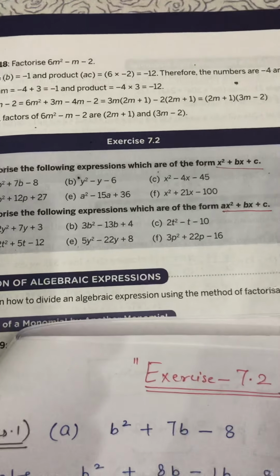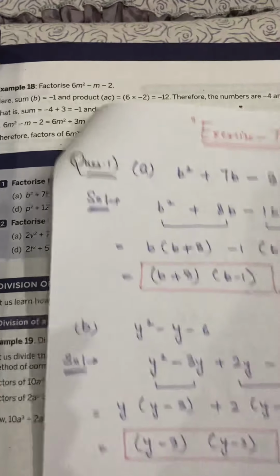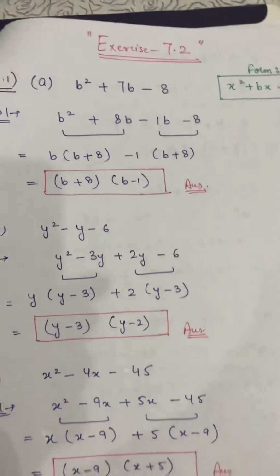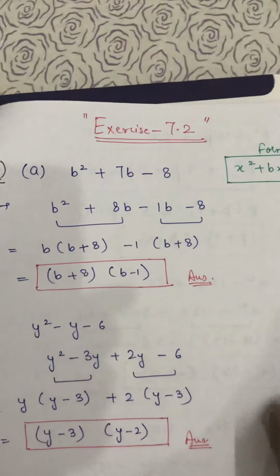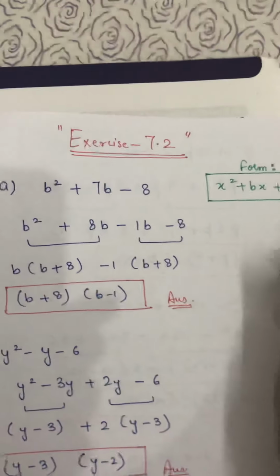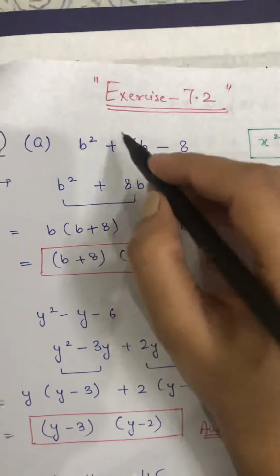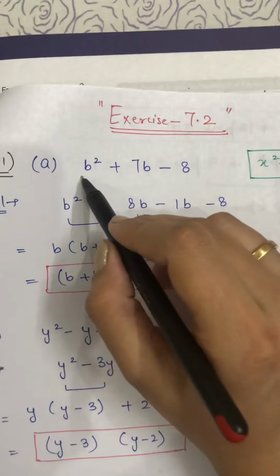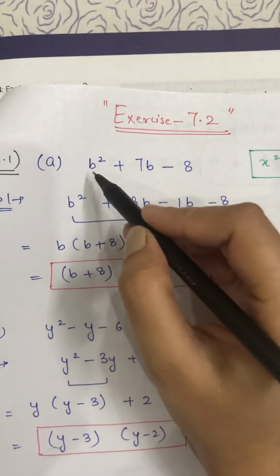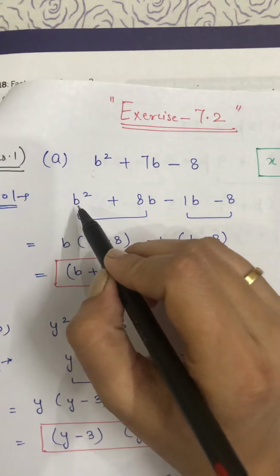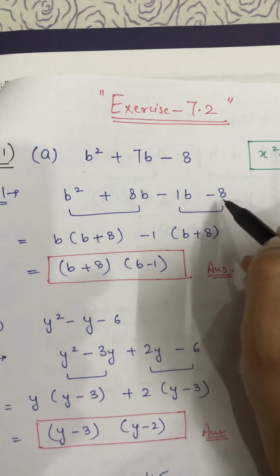But now how do you have to factorize these algebraic expressions? The rest of the steps will be the same, but the first step will be different. This is your question. You have to write your first term as it is and the last term as it is.